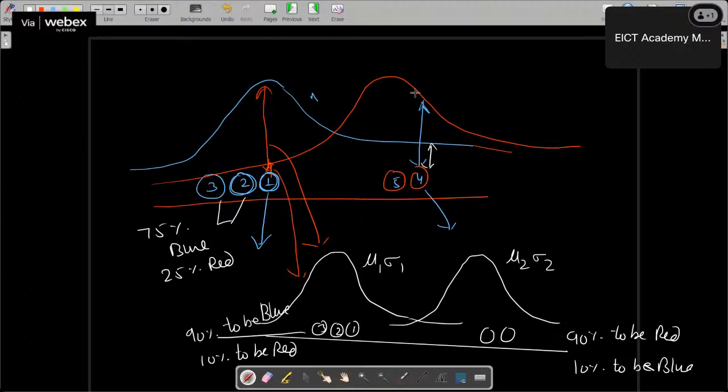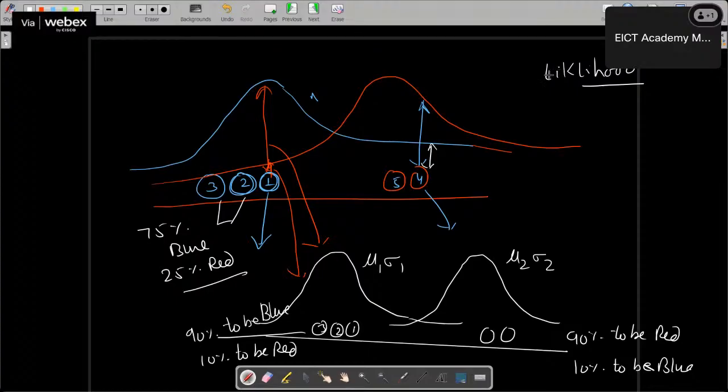Now you can ask the question: how do we calculate the likelihood? How do we know the point is X% blue and Y% red? Because on the basis of the likelihood we will shift this Gaussian curve towards left or right.